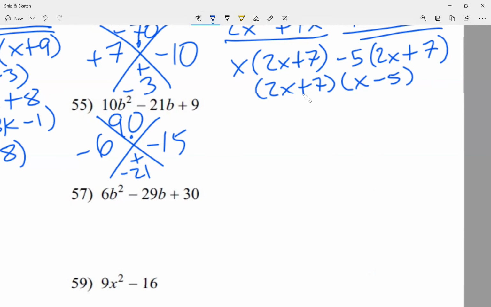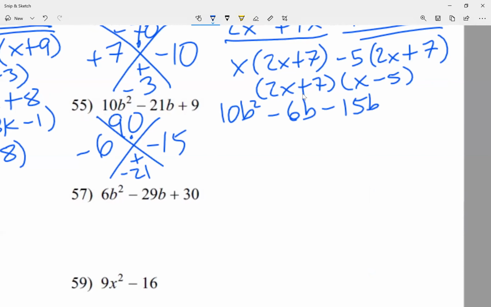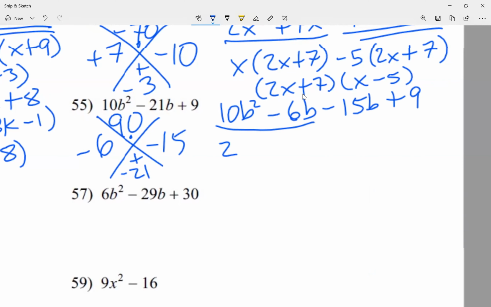So I'm just going to split my middle term. So let me go 10b squared minus 6b minus 15b plus 9. Looking at the first two terms, 10 and 6, I can divide each by 2. Letter-wise, I can remove a b. So that's going to give me 5b minus 3.